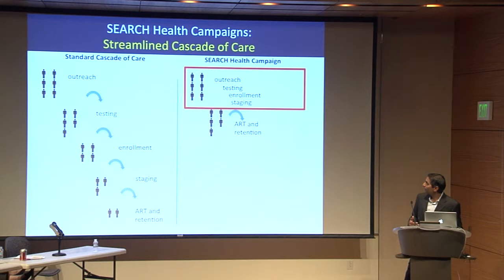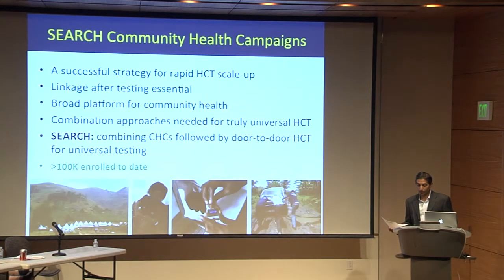We're collapsing several steps of the cascade of care into one service delivery point in the local area where people live, and combining all of that into one encounter. Over time, we think this cascade can be compressed even further, for example, by providing the first prescription of ART at the campaign for someone who's newly diagnosed and is not on therapy. And that's something we're going to be looking at.